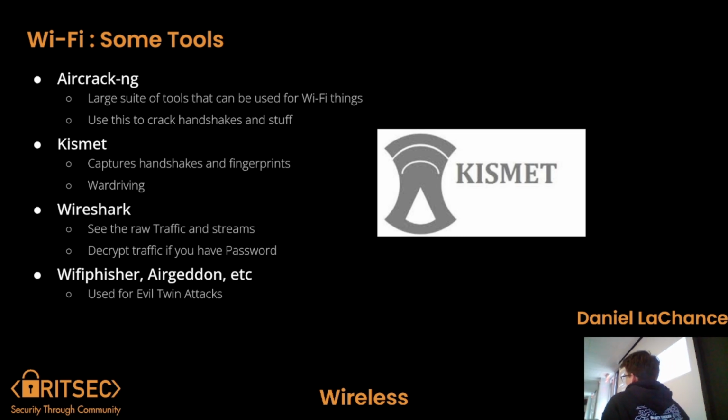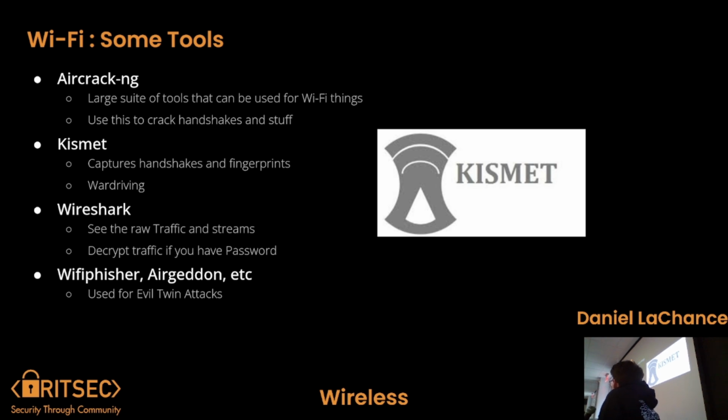So, Kismet and other Wi-Fi tools. Aircrack-ng is a suite of tools that you can use to send spoofed packets. You can capture frames, similar to promiscuous mode. You can set your chip into monitor mode.